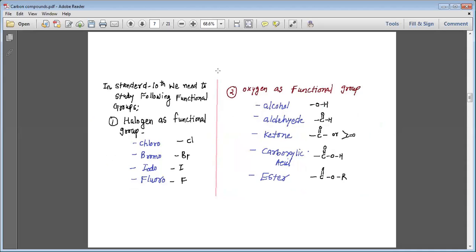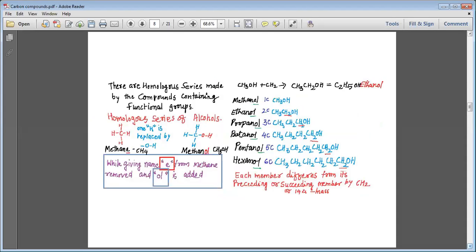Functional group contains atoms other than carbon and hydrogen, whereas skeleton has got the atoms only of carbon and hydrogen. In this standard we are going to study the chloro, bromo, iodo, and fluoro functional group, as well as we are going to study alcohol, aldehyde, ketones, carboxylic acids, and esters as a functional group in our 10th standard.